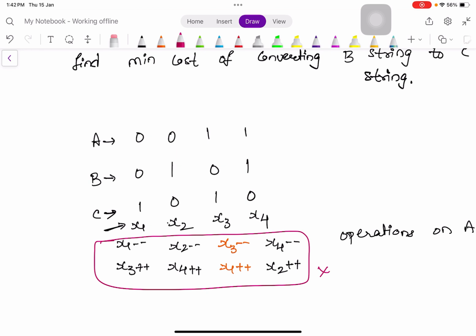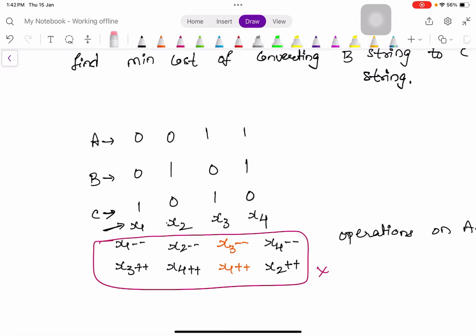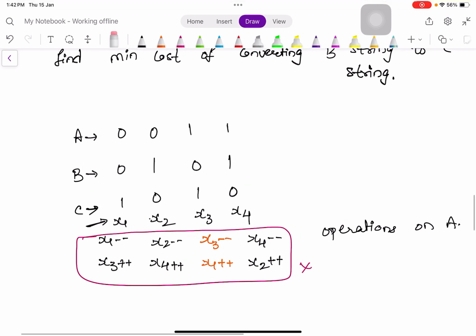In all other configurations, change is not necessary because B and C values will be the same. So I've only written those configurations which need either a flip operation or a swap operation. Now, if I want this B to become equal to C, like over here I want this guy to become 1 and this guy to become 0, only then this 0, 0 will match and this 1, 1 will match, right?